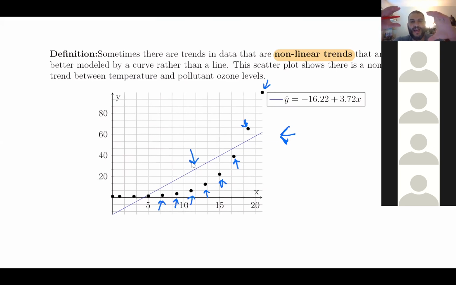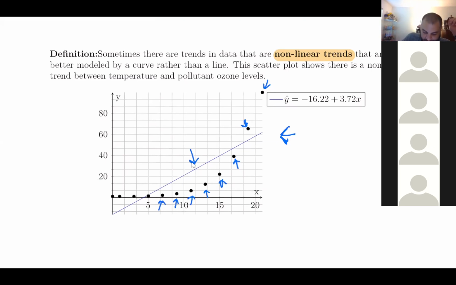If I look at the scatter plot and the line, is the line doing a good job of predicting most of these points? No, because it's like trying to fit a rectangle in a circle. It just doesn't fit.